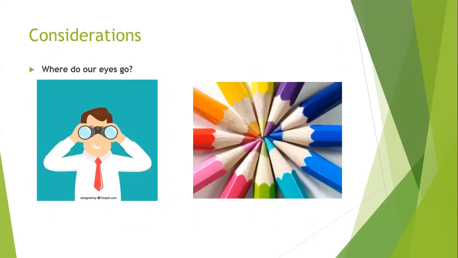So after you sketch it out, here are 5 considerations to keep in mind. One is where our eyes go. When you get a piece of paper or a report, you look at it, and people have actually done studies to follow where someone's eye goes on the page.